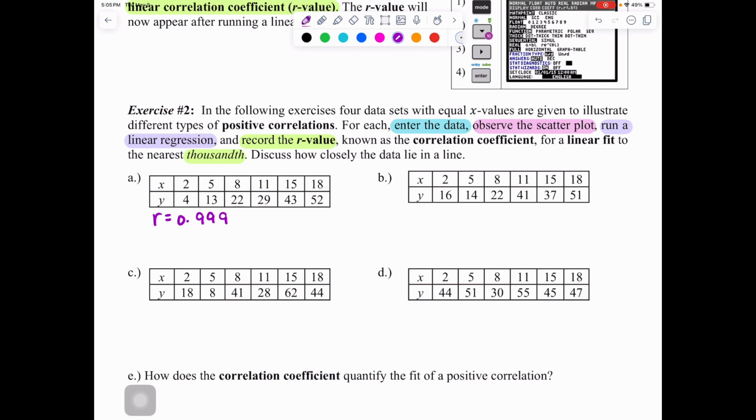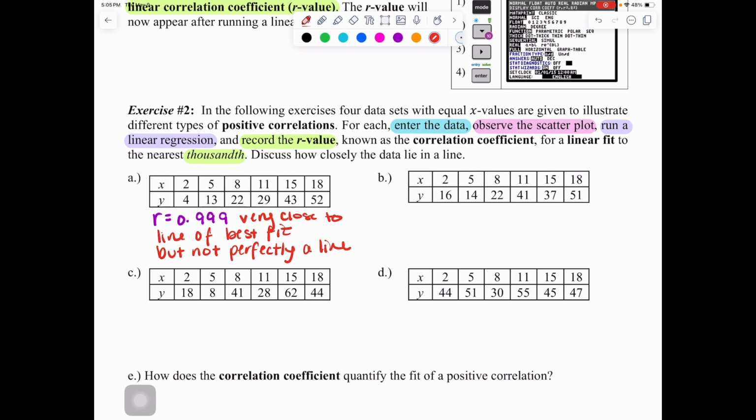And since this is so very close to that, what we would write is that this is very close to the line of best fit, but not perfectly aligned. If it was an exact 1, it would be a perfect line.